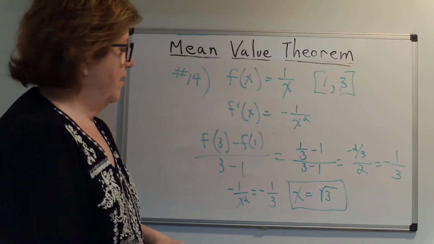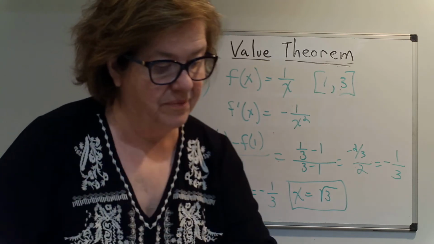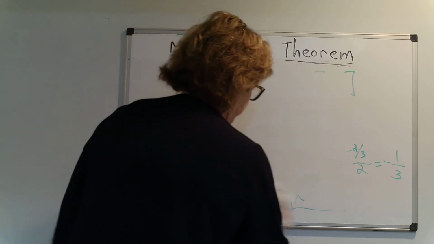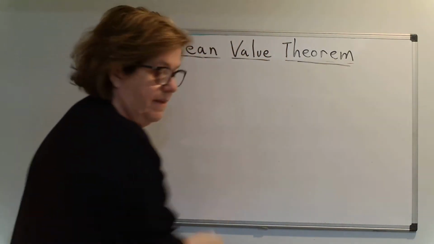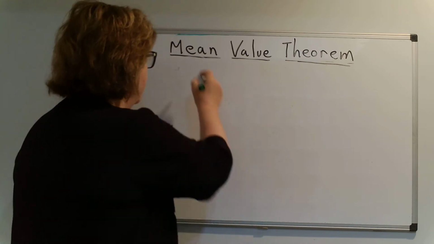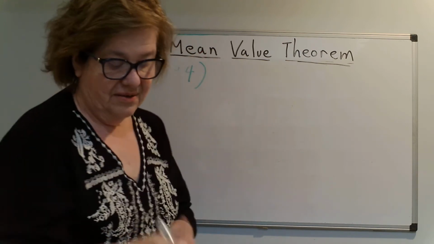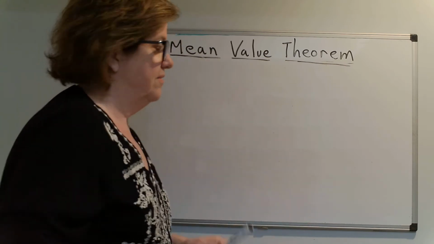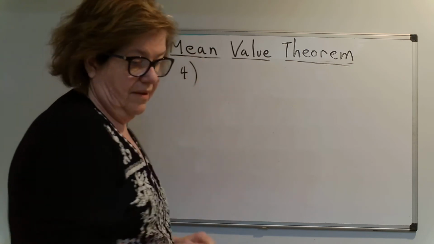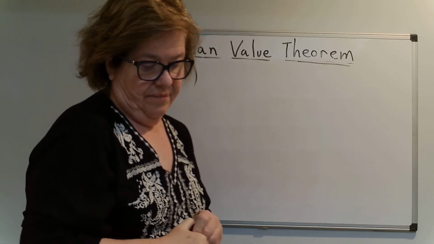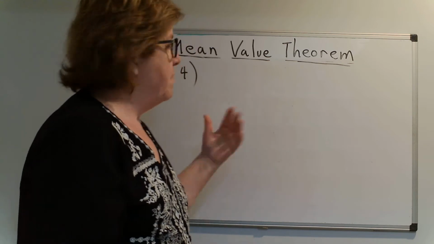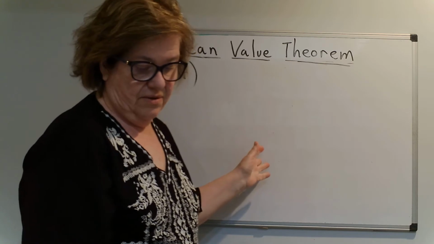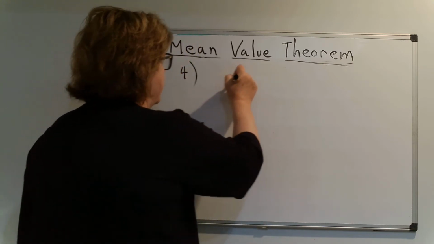Okay. I'd like to do one other problem from this set, and that is problem 4. Problem 4 says, make up a function, sketch a function that's continuous on the interval from 0 to 8.